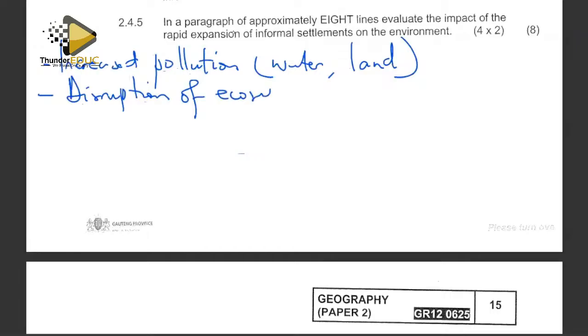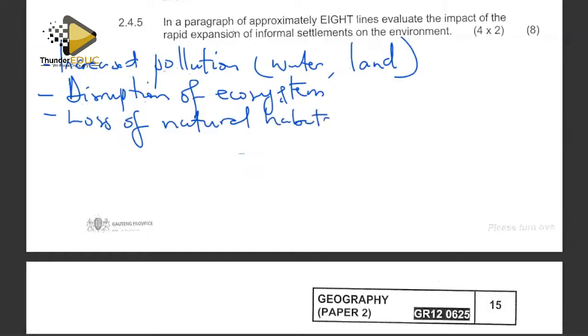of ecosystems. As people invade new places, they also disrupt the ecosystems. And also we can talk of loss of natural habitat because of the expansion into the habitats for the need of land to establish the informal settlements. Then we can also talk of other aspects like the problem of soil erosion, which is also exacerbated by continued expansion of informal settlements.